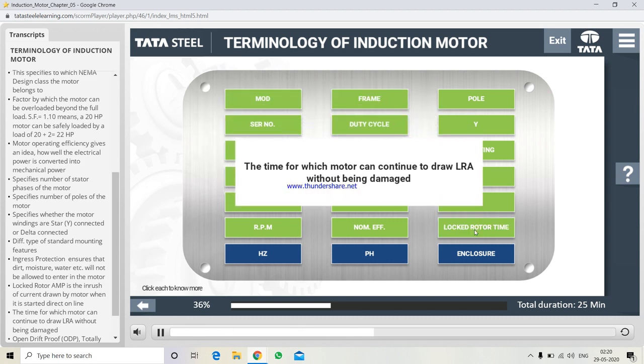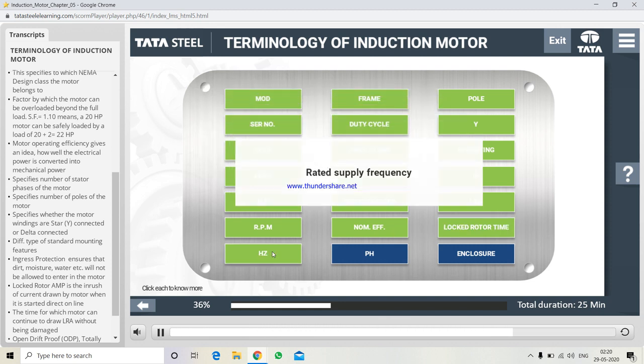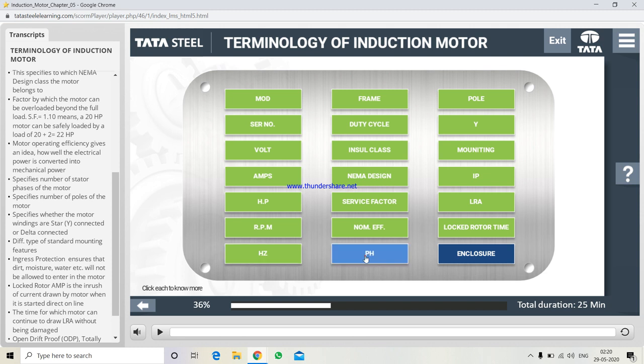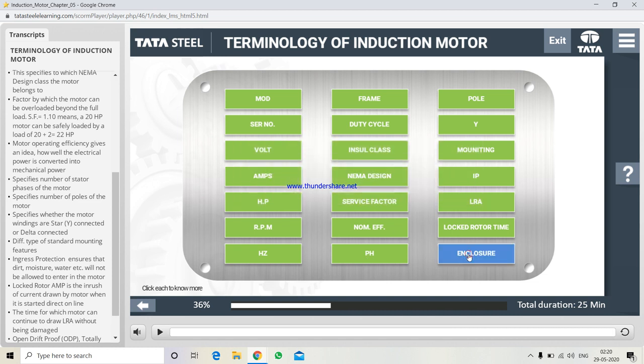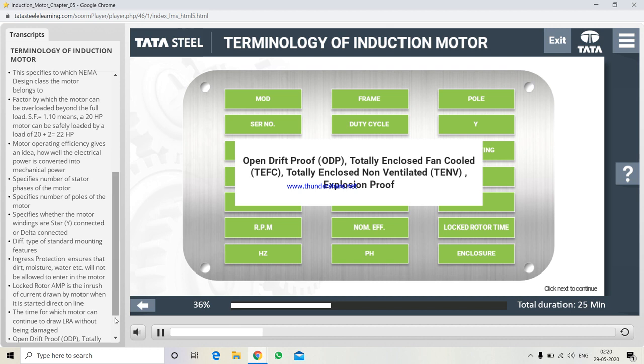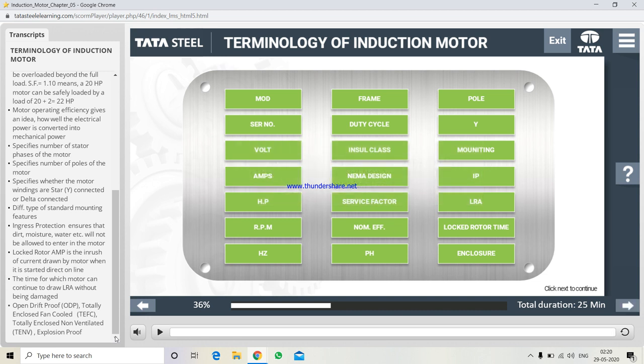The time for which motor can continue to draw LRA without being damaged. Rated supply frequency. Specifies number of stator phases of the motor. Open drip proof ODP, totally enclosed fan cooled TEFC, totally enclosed non-ventilated TENV, explosion proof. Click next to continue.